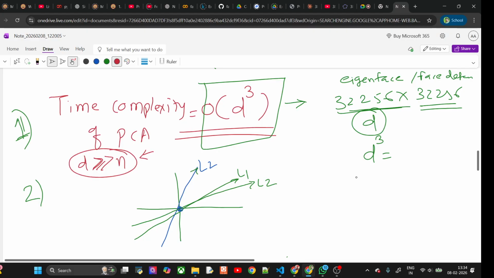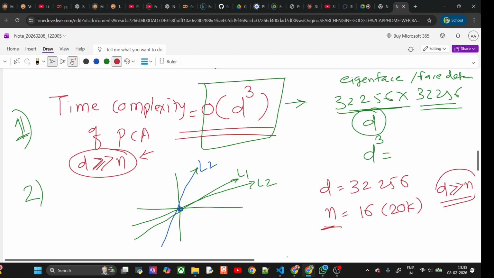What we have seen is that our dimension is 32,256 in the face detection, and the number of images is 16,000 in our case, or in the sir's video what he mentioned is 20,000. So if d is far greater than n, and second, if your points are spread in a non-linear fashion, how will you perform PCA? These are the two main challenges of the PCA algorithm.